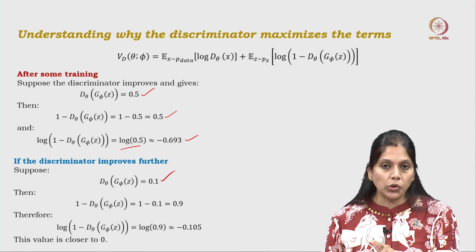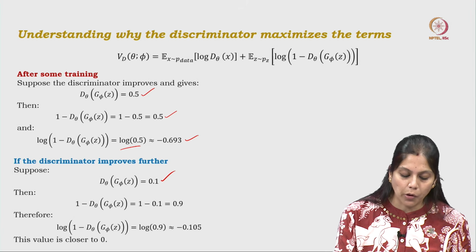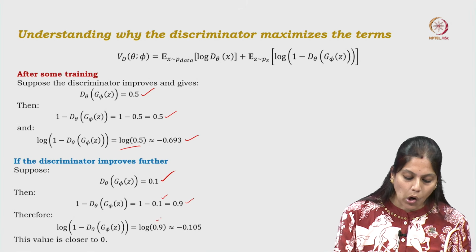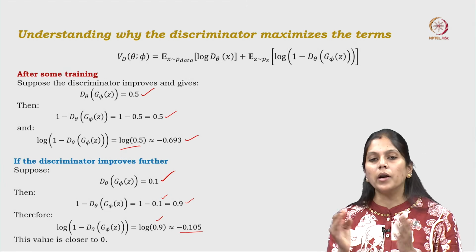If it is closer to 0, it means it is very good. When this is 0.1, 1 minus 0.1 is 0.9, log 0.9, look at this value. Are you getting what we are discussing?